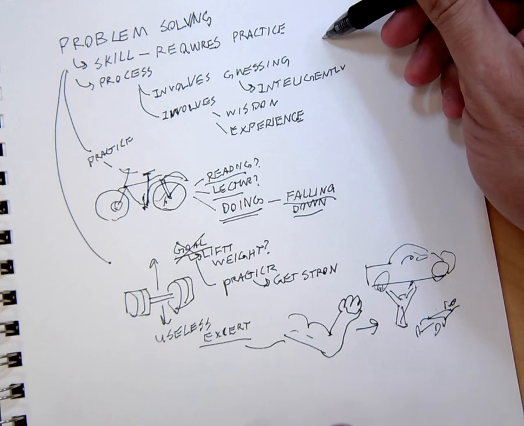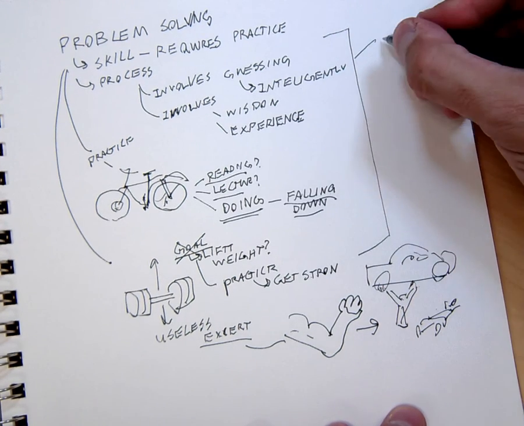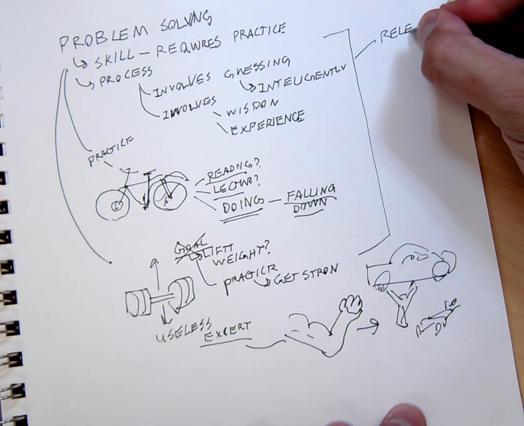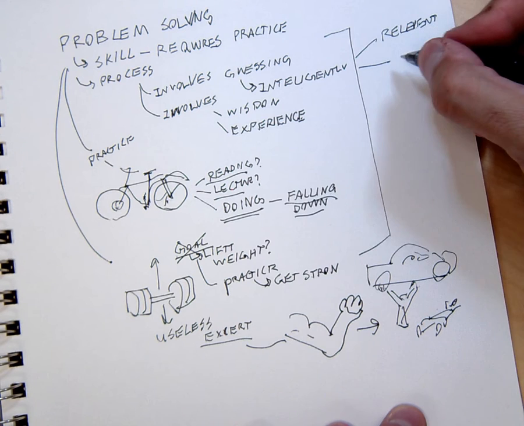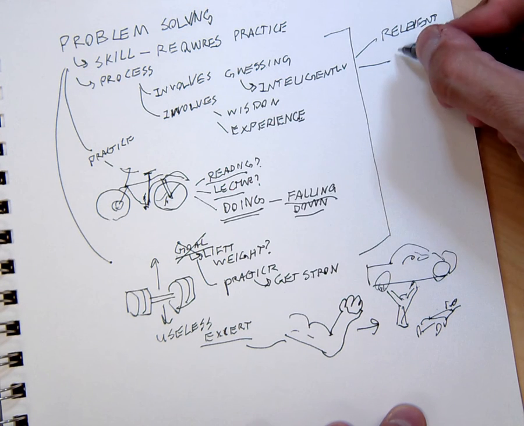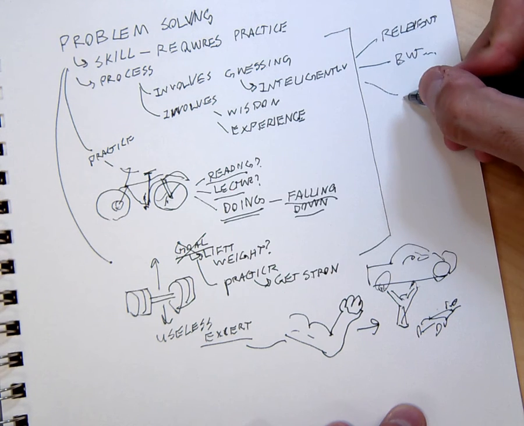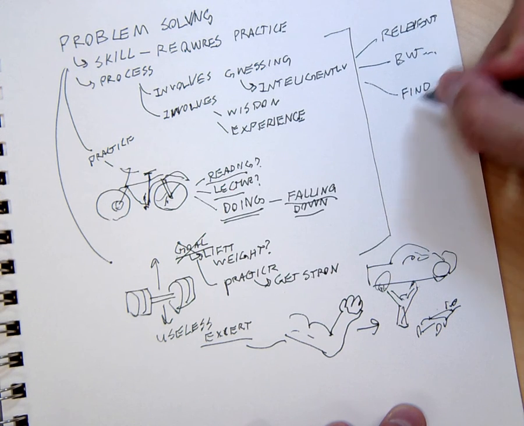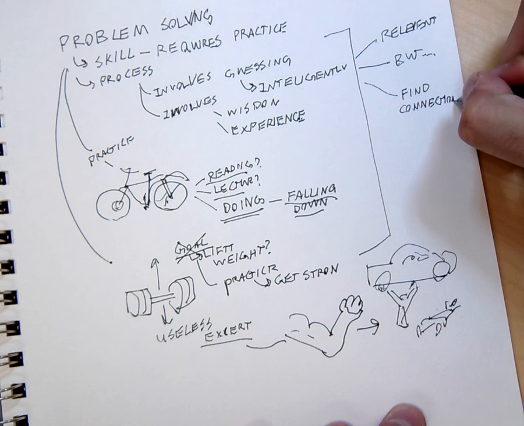What you should get out of this also is we will try to keep things as relevant as we can in this course, but you should always be trying to find connections yourself.